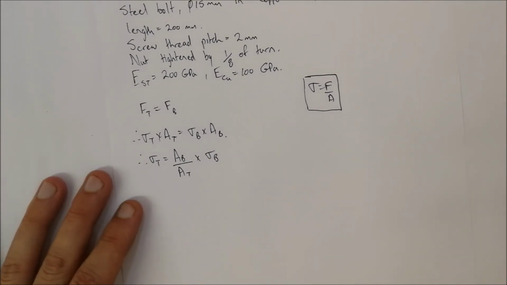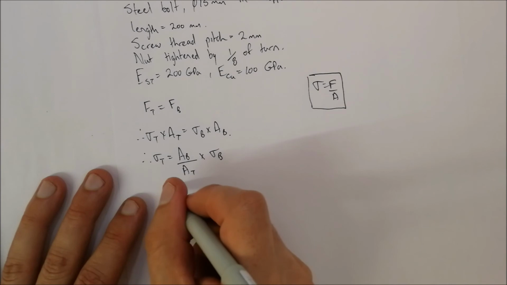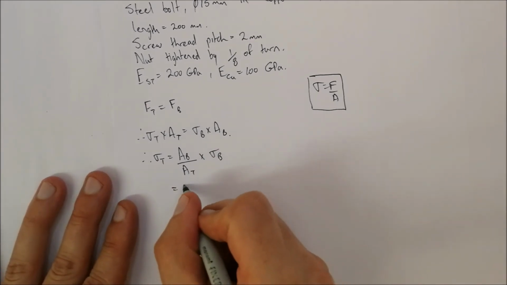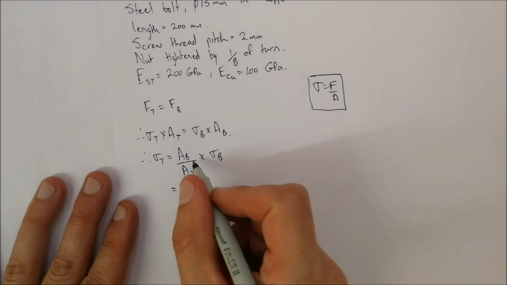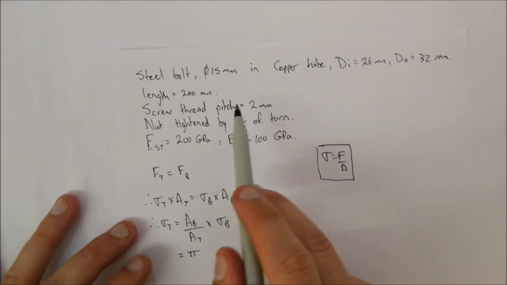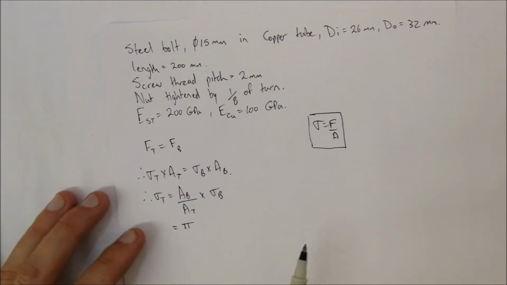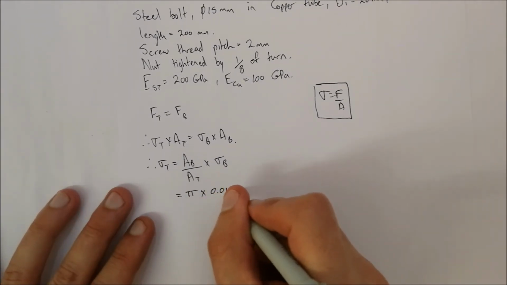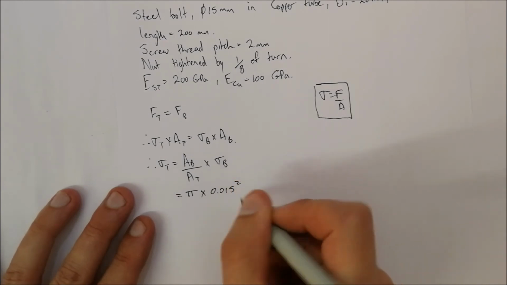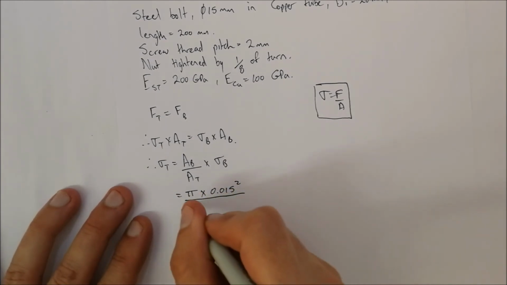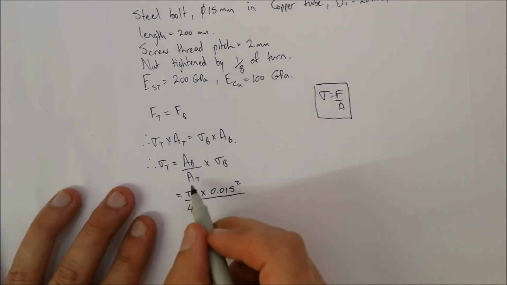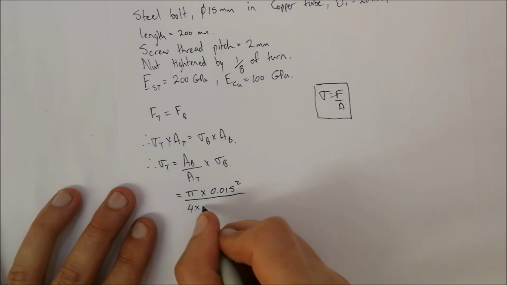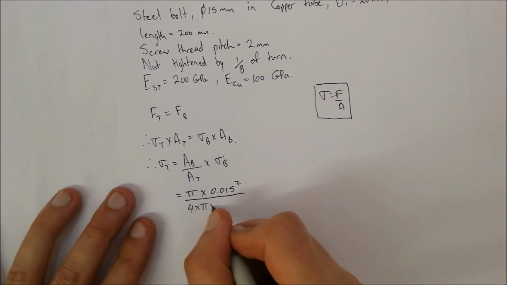Okay, so let's have a look at what that will equal to. So remember, area is equal to pi d squared over 4. Okay, so that's equal to pi. The bolt, we are told, has got a diameter of 15 millimeters. Okay, so that's multiplied by 0.015 squared, and that's all over 4. Then we divide by the area of the tube. Okay, so again, we've got pi times d squared.